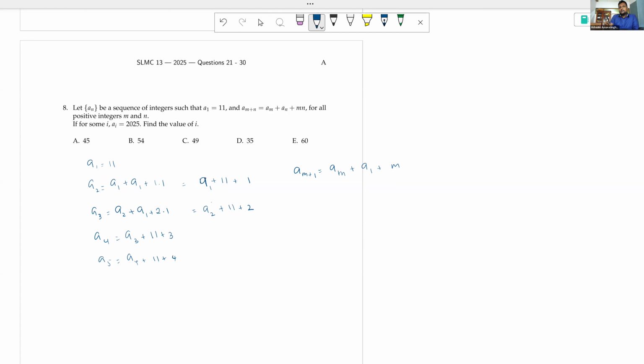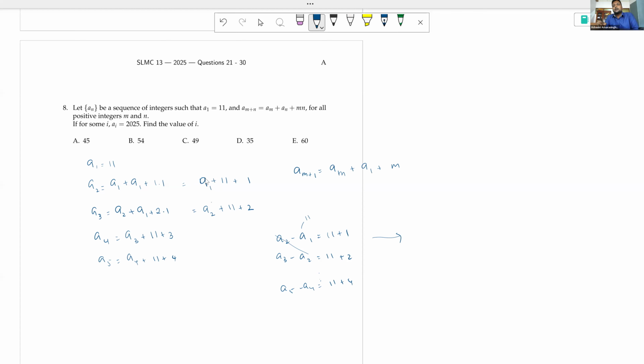So you get A2 minus A1 equals 11 plus 1, and A3 minus A2 equals 11 plus 2, and so on. So A5 minus A4 equals 11 plus 4. So you can now see that it all cancels out in this manner. And here you have 11.